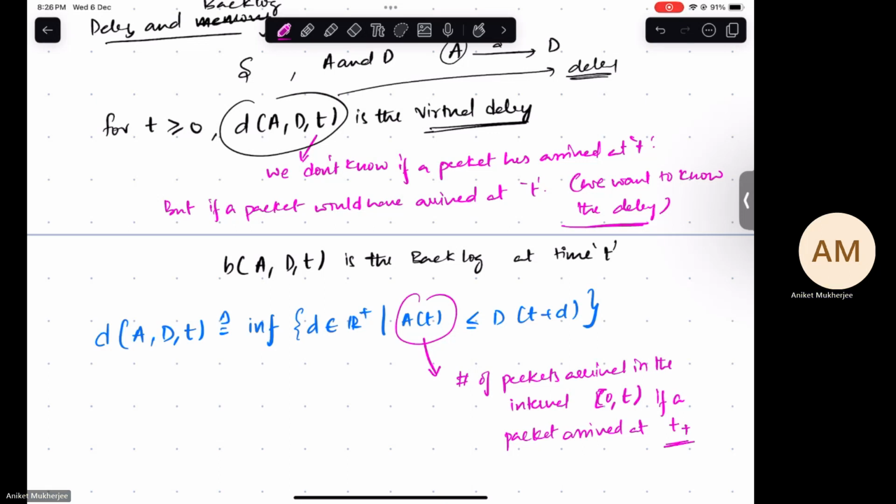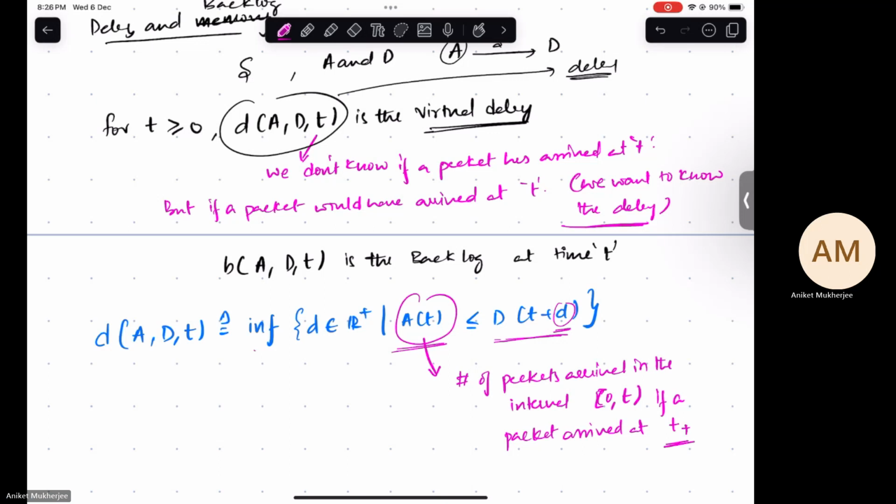Now we want to see when that packet is going to go out. It is going to go out when the number of departures is the same as the number of arrivals. So we want to find how much longer it has taken after its arrival, where the departures equal the arrivals. Departures will always be less than arrivals, never greater. Since both are left-continuous cumulative functions, there might be discontinuities, but we want to find the first point at which the departures are equal or greater.